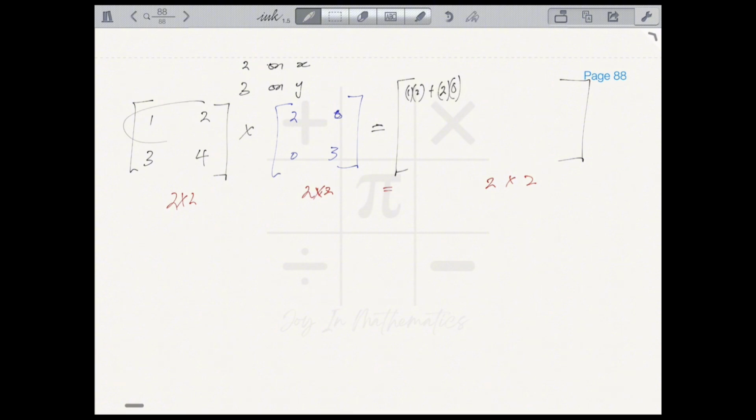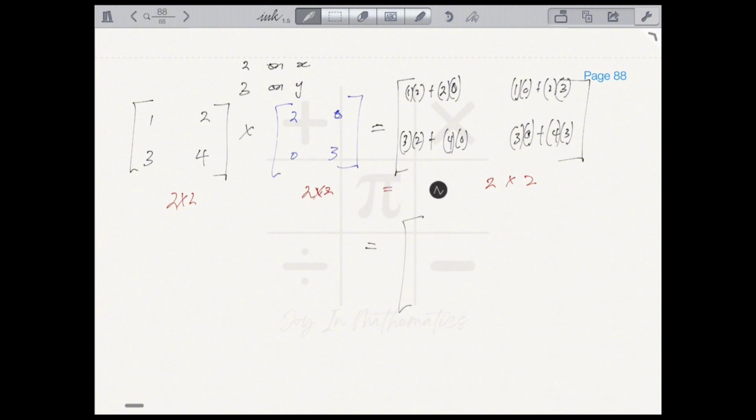Now first row, second column: 1 multiplied by 0 plus 2 multiplied by 3. And thereafter we have the same thing, 3 multiplied by 2 plus 4 multiplied by 0. And for the second row, second column, 3 multiplied by 0 plus 4 multiplied by 3.